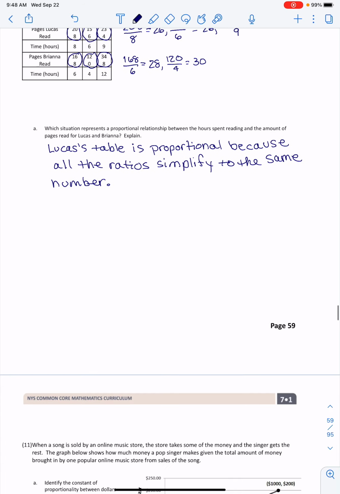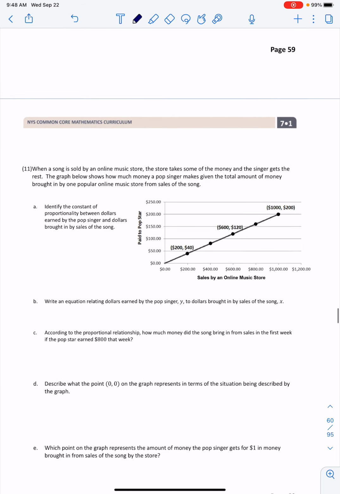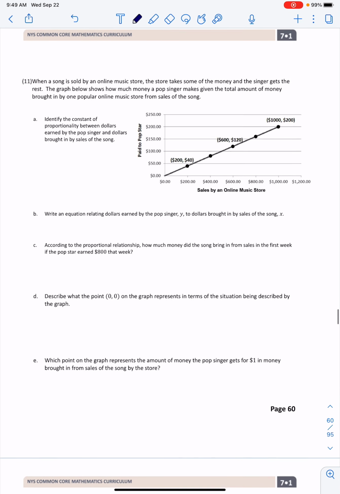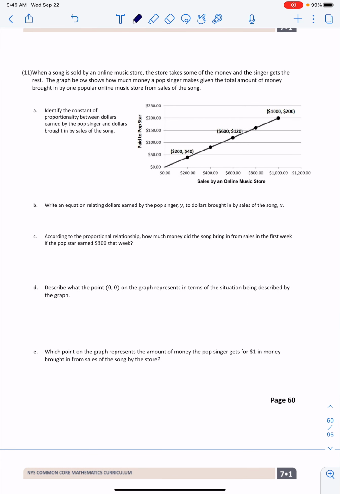Our next question says, when a song is sold by an online music store, the store takes some of the money and the singer gets the rest. The graph below shows how much money a pop singer makes given the total amount of money brought in by one popular online music store from sales of the song.